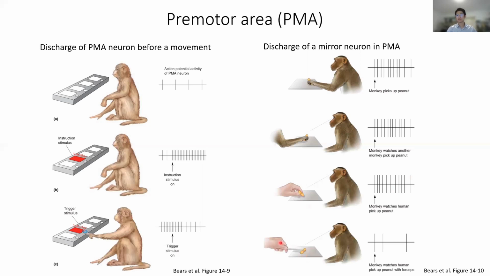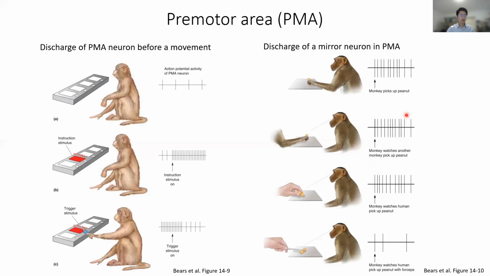So this is a different movement from the previous one. And in this case, when the monkey is watching, this neuron is not firing. And that is why it's called a mirror neuron. That means it fires both when the monkey is doing the movement itself, and when the monkey is watching another monkey or a human doing the same task. Okay, so these are motor neurons, mirror neurons.